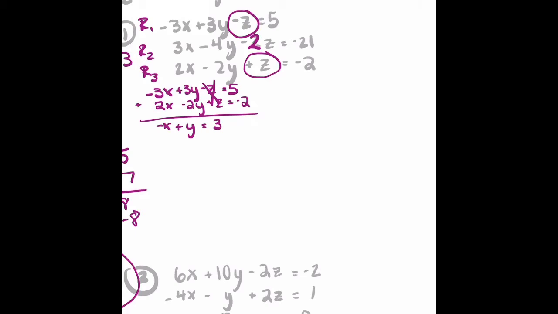Now, I'm going to go ahead and take row 2 and row 3. And I'm going to multiply row 3 by 2 so that I have the same number of z's to cancel out. So rewrite row 2 as is.